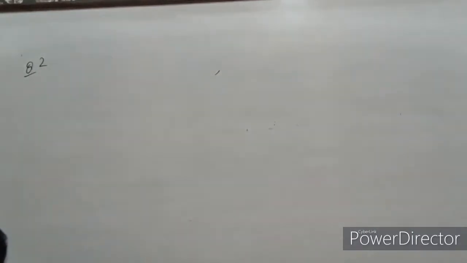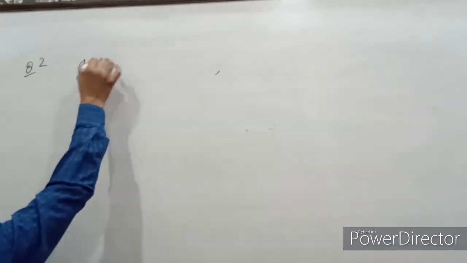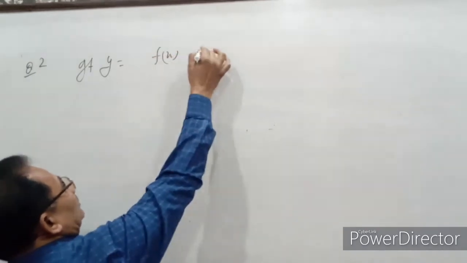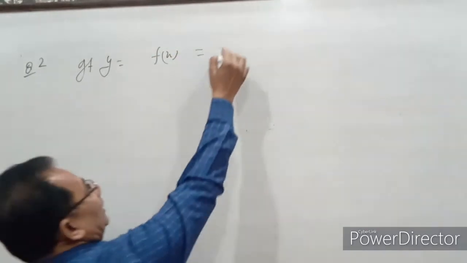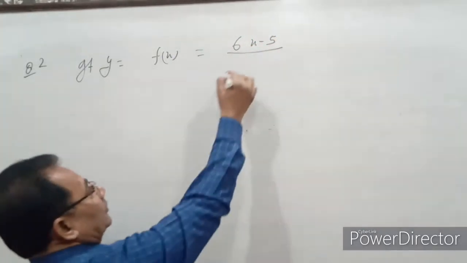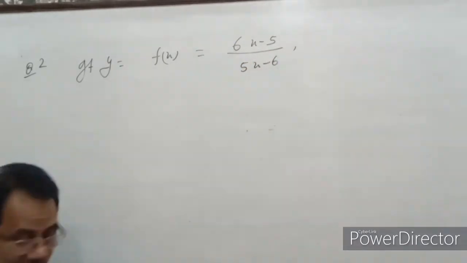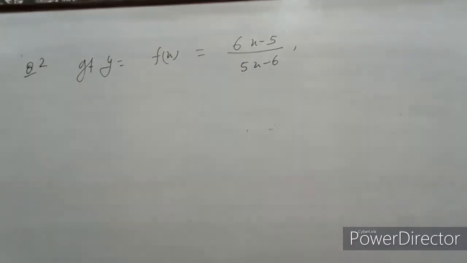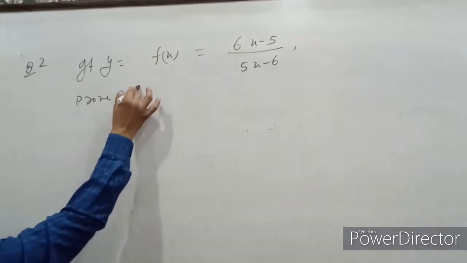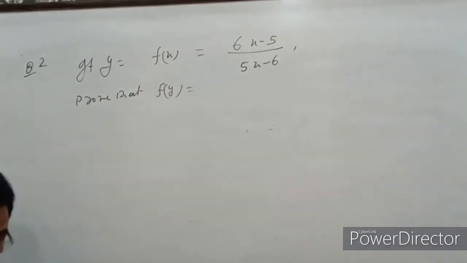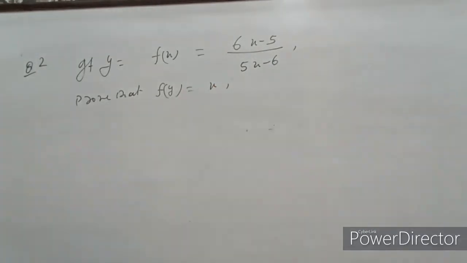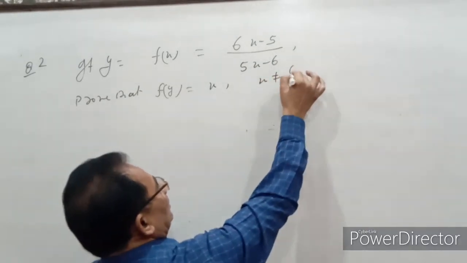If y is equal to f(x), which is equal to (6x minus 5) upon (5x minus 6), then prove that f(y) should be equal to x, that is an identity function, x not equal to 6 by 5.